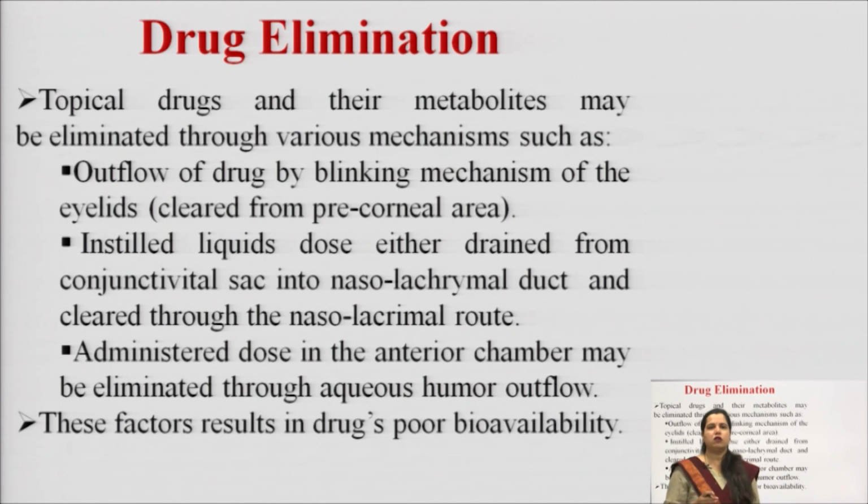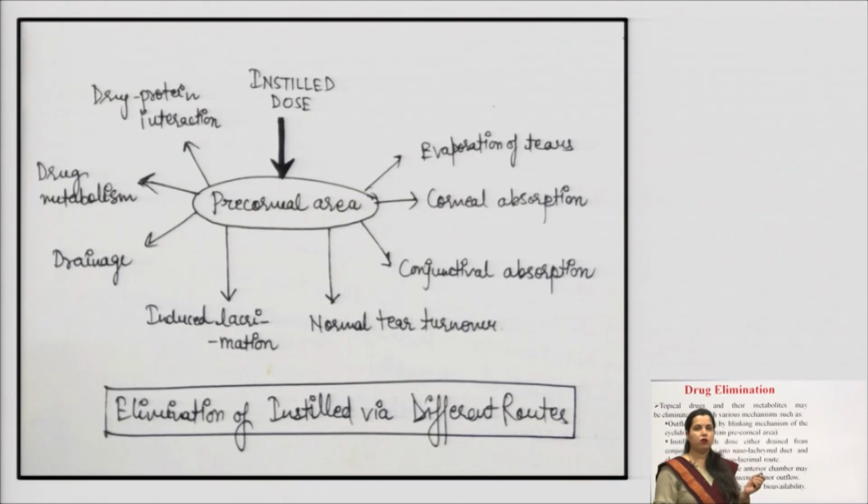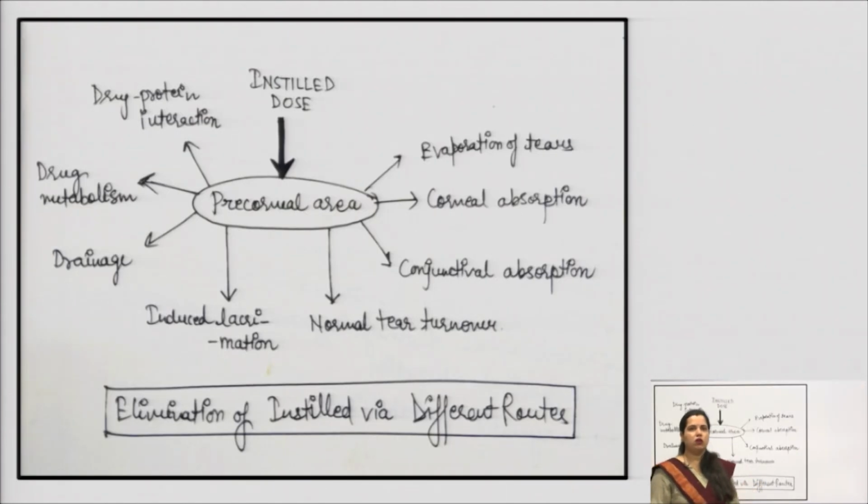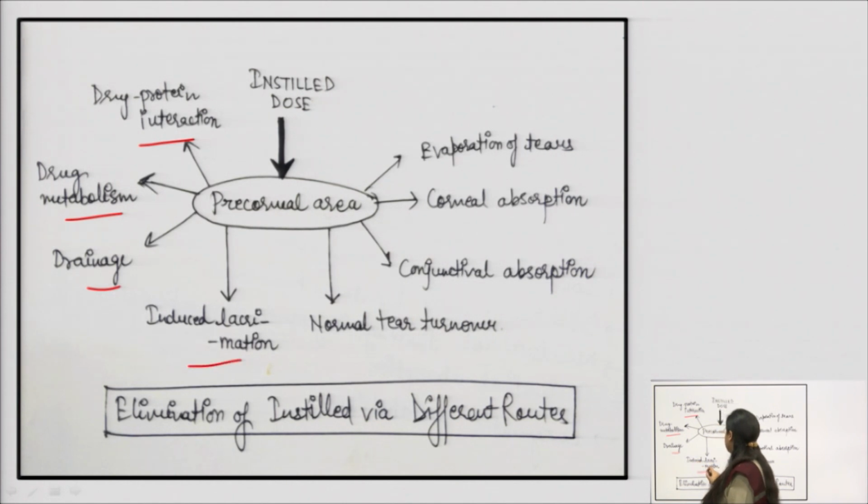Now, these factors result in poor drug bioavailability. Once the drug is eliminated out of the eye, the drug bioavailability is poor. You see this picture, the precorneal area: once you instill the dose, there is drug protein interaction, drug metabolism, drainage, induced lacrimation, evaporation, corneal absorption, conjunctival absorption, and normal tear turnover.